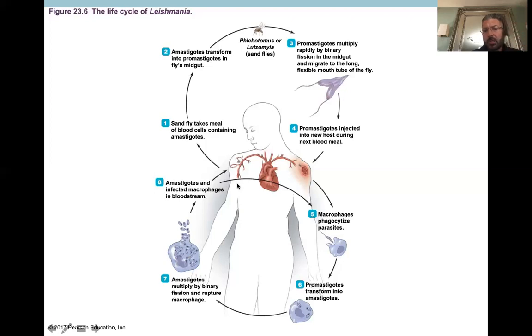Now they're in our bloodstream. All right, so if we were the host or the mammal's the host, now these are in the bloodstream, they get taken in by the sandfly. This goes to the midgut, to the mouth tube, and then it gets re-injected into the next host. Vicious cycle. Right? There's not a whole lot that our macrophages and monocytes can do. Right? Same with us and other mammals.